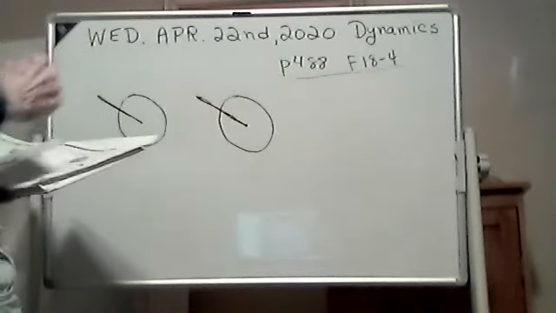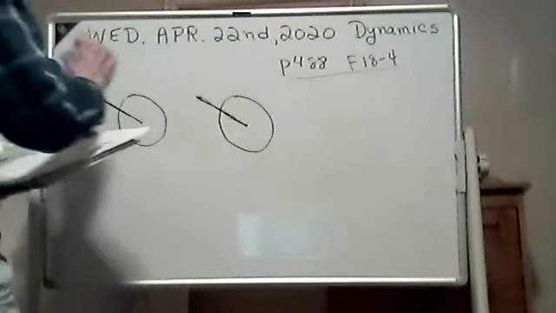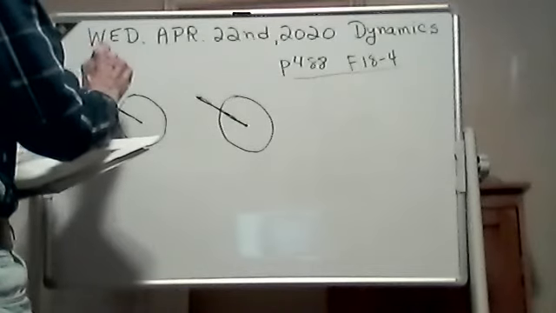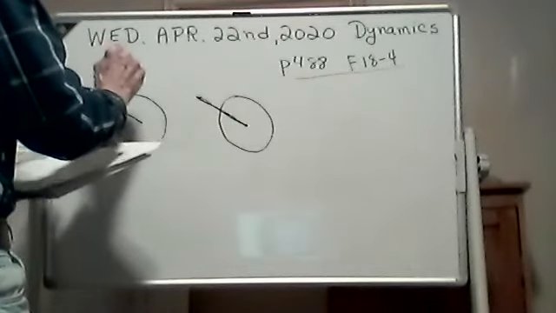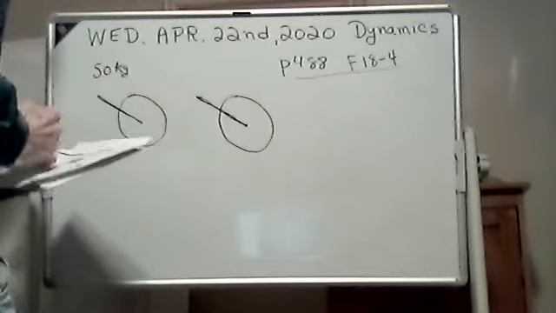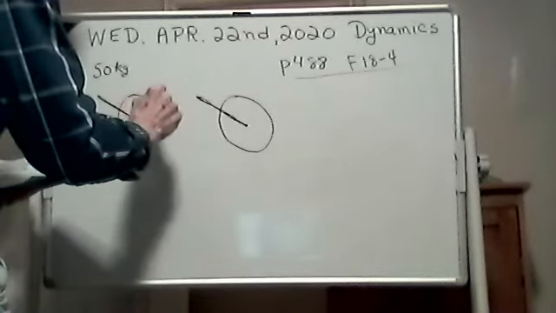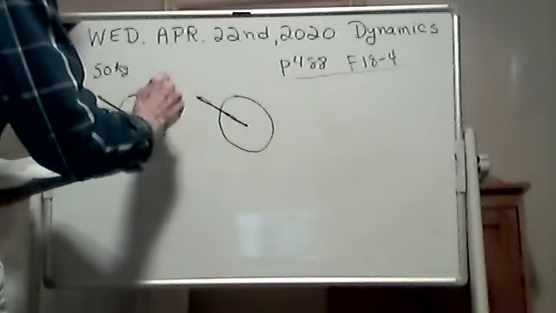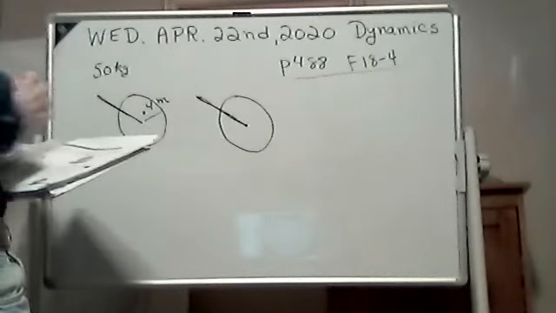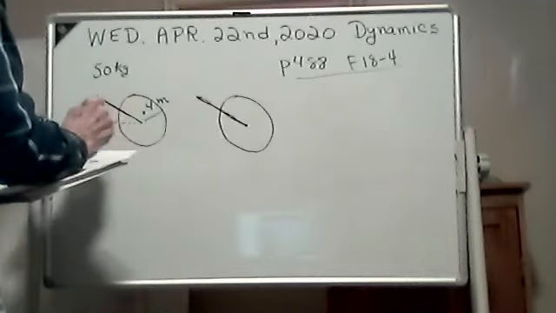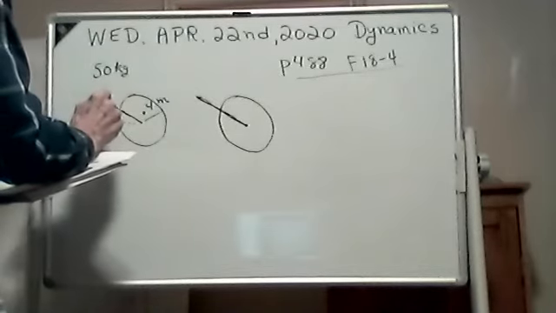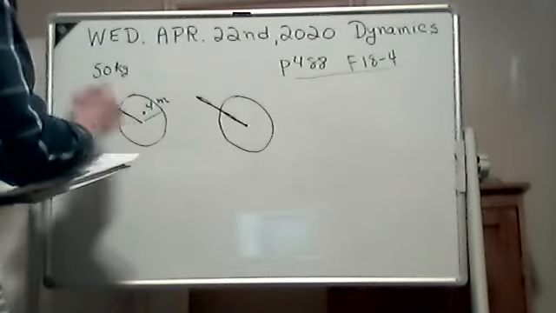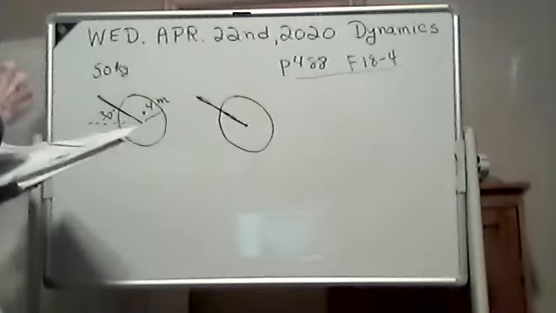Okay, and it's a 50 kilogram wheel, and this distance is 0.4 meters. There's a 30-degree angle right here. And there's a 50 Newton force.